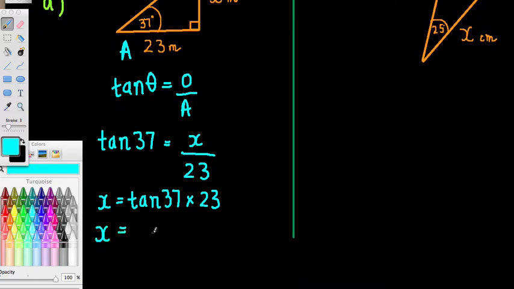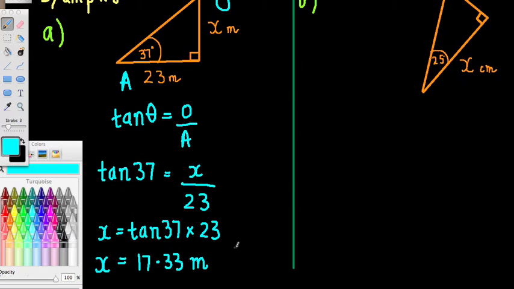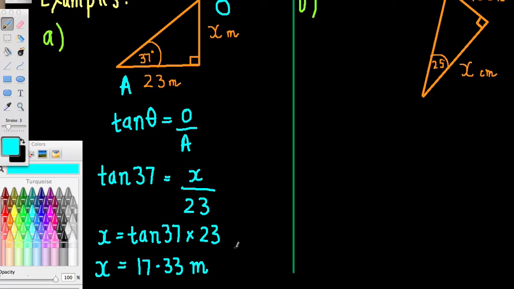X equals 17.33 to 2 decimal places. The unit of this length here is metres. I'll zoom up a little bit so that you can see the whole triangle. There you go. Pause here and put this example into your summary books, please.